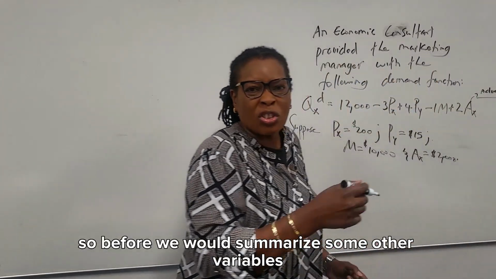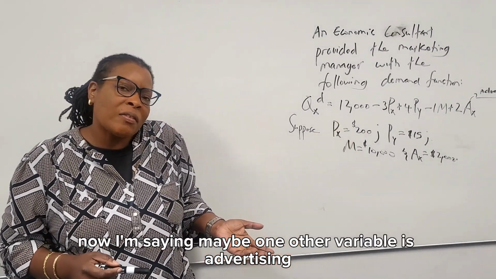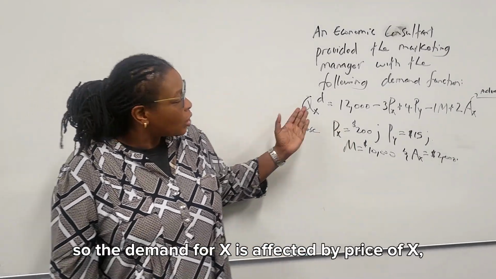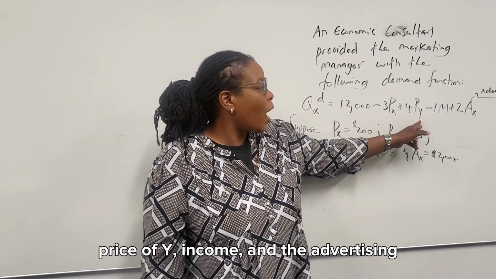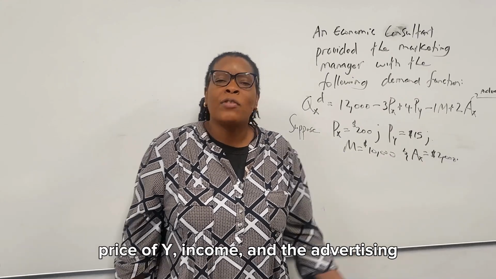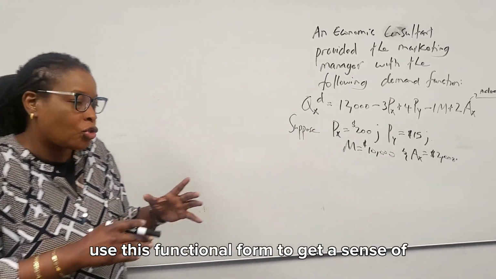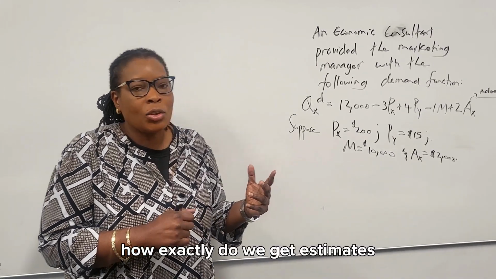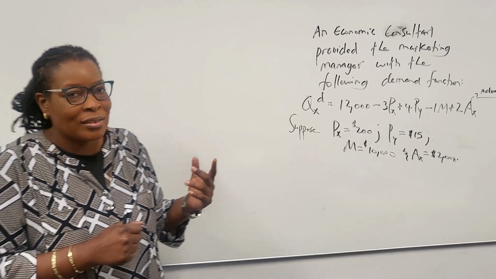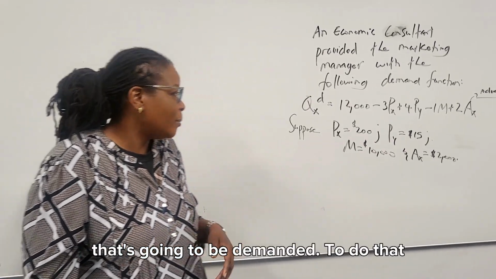So before we would summarize some other variables, now I'm saying maybe one other variable is advertising. So the demand for X is affected by the price of X, the price of Y, income, and the advertising. And we want to use this functional form to get a sense of how we get estimates for the amount of good X that's going to be demanded.